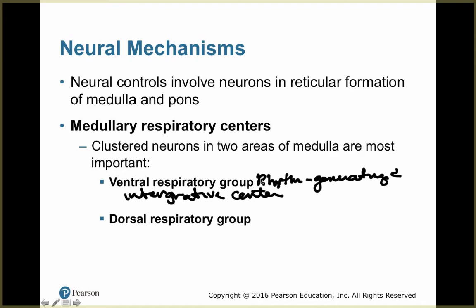They extend out of the spinal cord to the pons and medullary junction, and they set what's known as eupnea, which is your normal respiratory rate and rhythm.